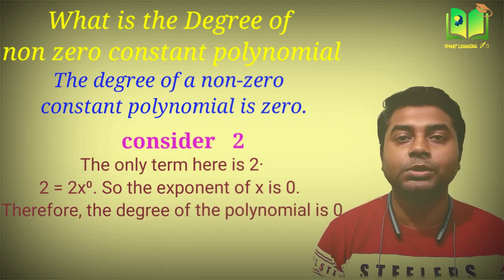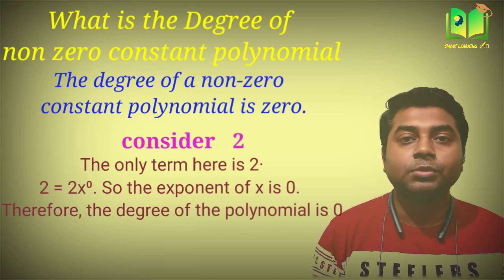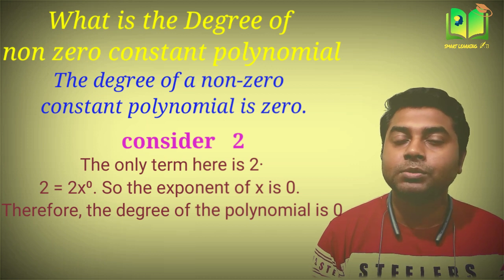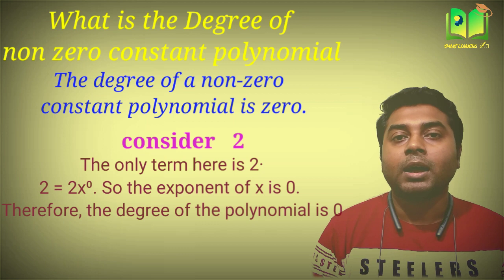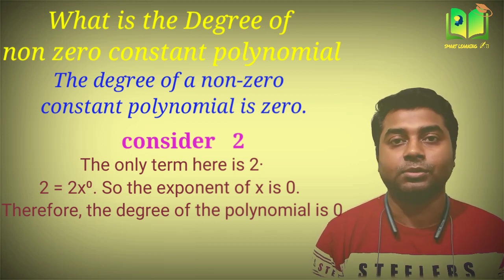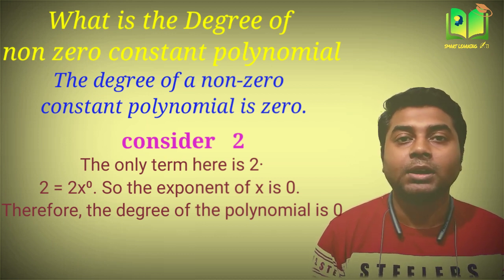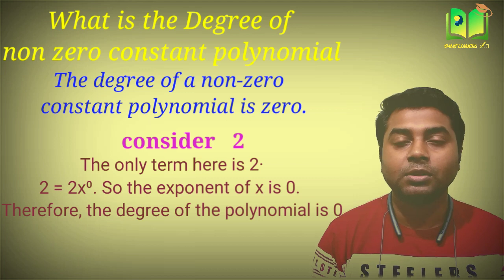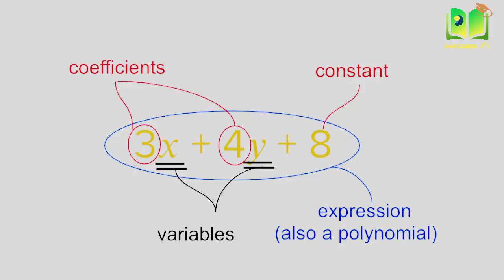So 2 into 1 means 2 into x to the power 0. So here the exponent of the variable x is 0. That's why we will say the degree of this polynomial, a non-zero constant polynomial, is 0.